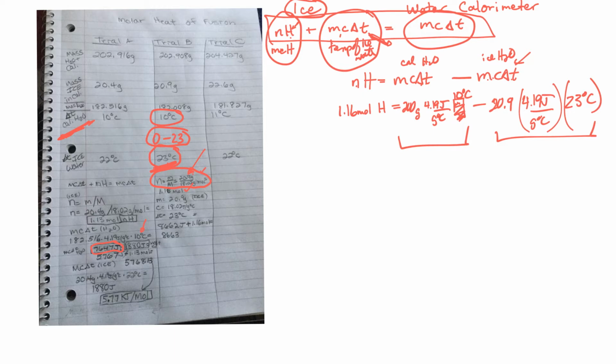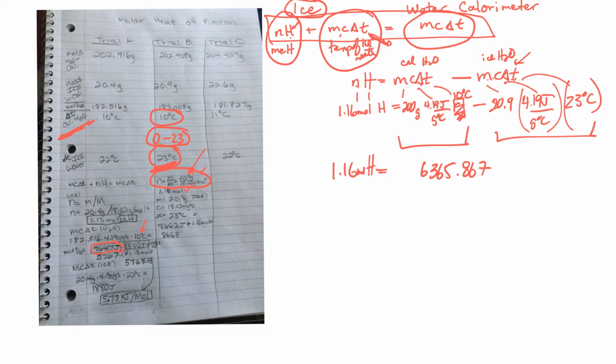Okay, 200 times 4.19 times 10, minus 20.9 times 4.19 times 23, equals, so that comes out to 6,365.867, which is equal to 1.16 moles times H. Notice I'm trying to bring everything straight down.